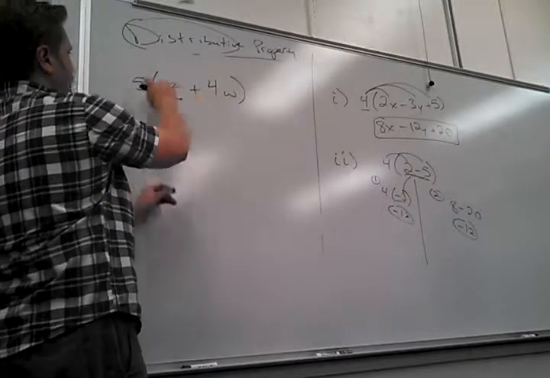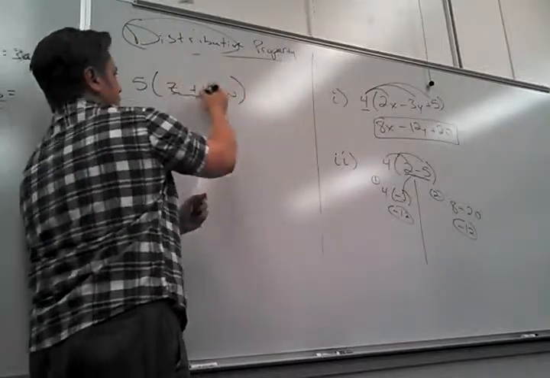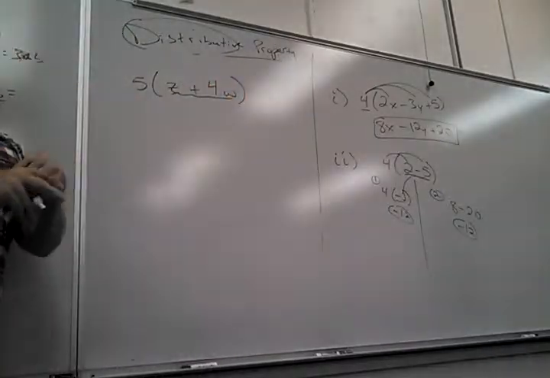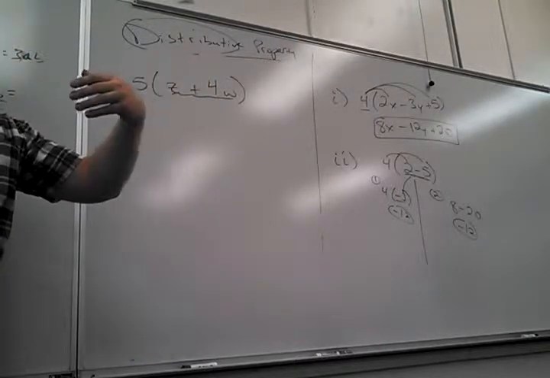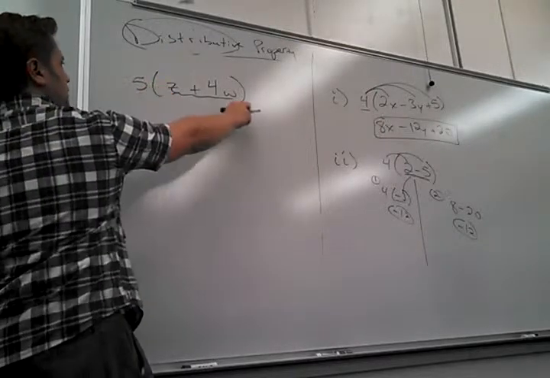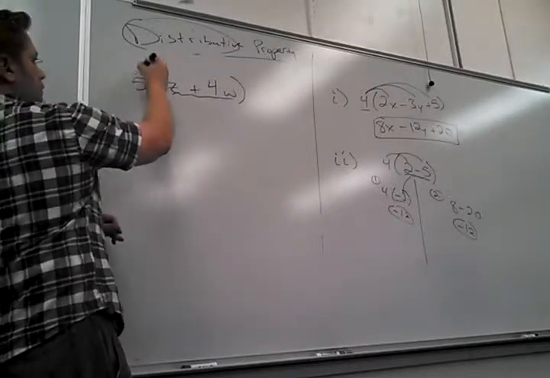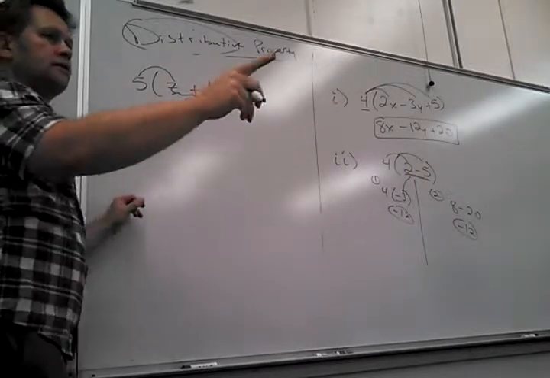Here, what I can do, I got 5 of these things. Right? And I can't do the inside. I can't do order of operations. So I have to do the alternative way. Which is, what am I doing with the 5? 5 times this. So 5 times z. No, it's not 5 times 6.